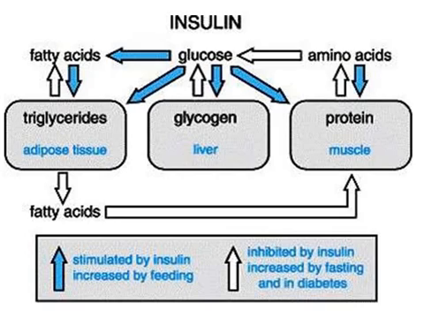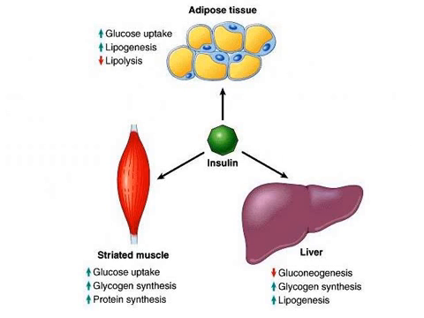Again, that fatty acid goes to protein available in our muscle, from that amino acid or glycogen in liver, that finally is converted to glucose, mainly stimulated by insulin, increased by feeding, inhibited by insulin, increased by fasting and in diabetes condition.